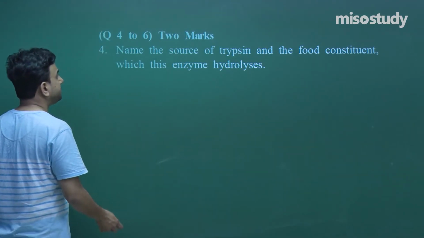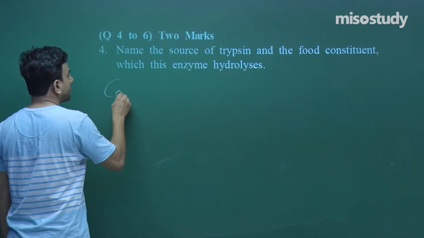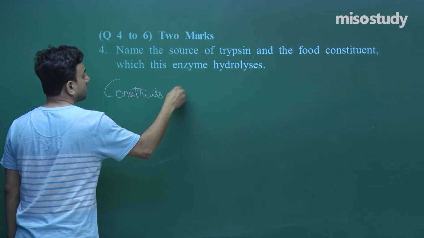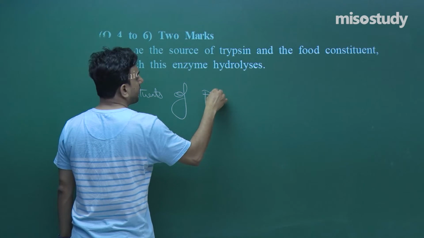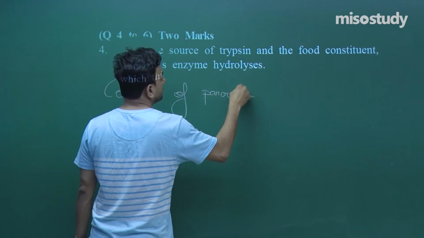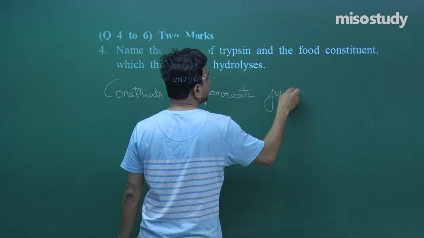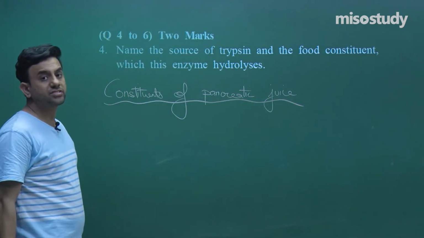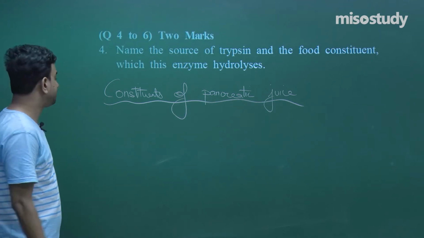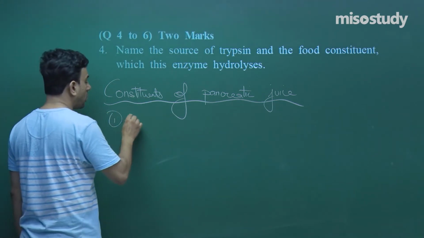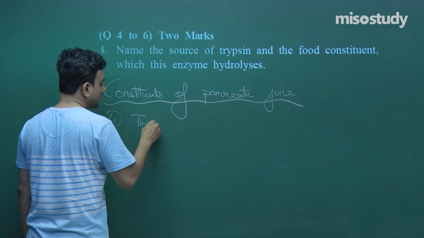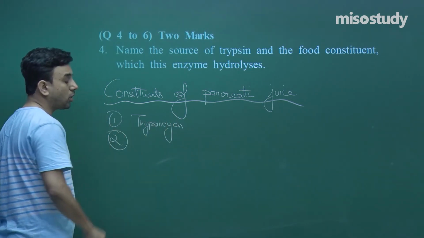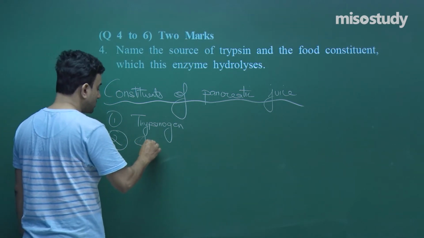So, let us see some of the constituents of the pancreatic juice. The first one we can talk of is trypsinogen. The other one is chymotrypsinogen.